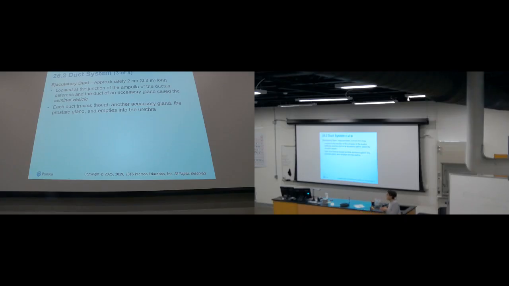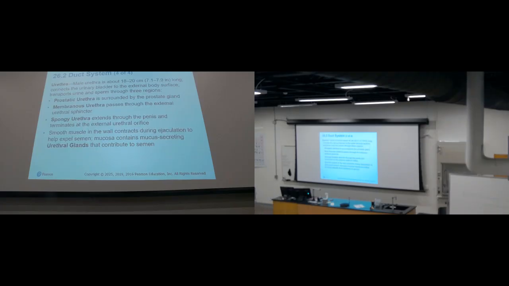So it is like a dilated region that helps to mix the contents from the prostate gland, seminal vesicles, and the sperm cells coming from the vas deferens so that you can form semen, which is a homogeneous mixture made out of sperm cells and the fluids of the seminal vesicle and the prostate gland. So this ejaculatory duct empties into the urethra.